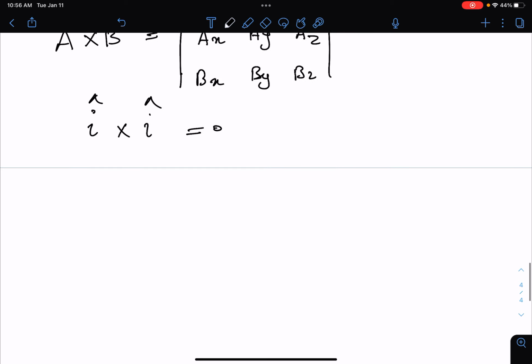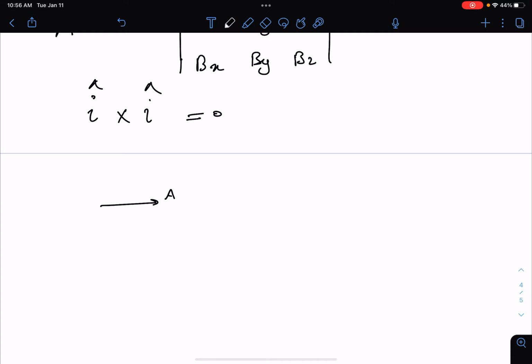And that makes a lot of sense. Let's say we have vector A and vector B. There will be an infinite number of vectors that are perpendicular to both of them, right? Because there's a plane that is essentially perpendicular to two vectors that are in the same direction. There is no single vector, right?